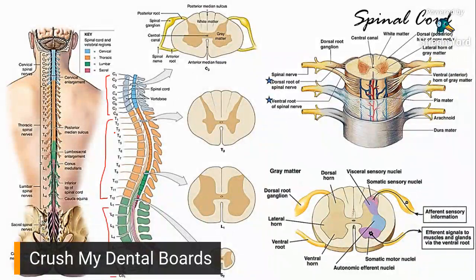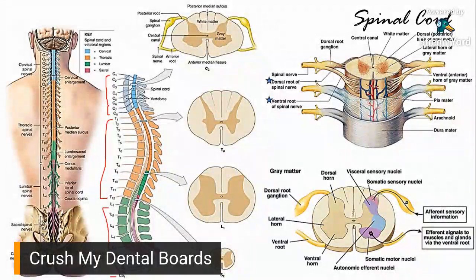So if you add them up, ilan sila lahat? So you have 8 plus 12 plus 5 plus 5 plus 1, that's 31. That's where you'll get the logic later on why we have 31 pairs of spinal nerves. Because it's based on this. Okay.